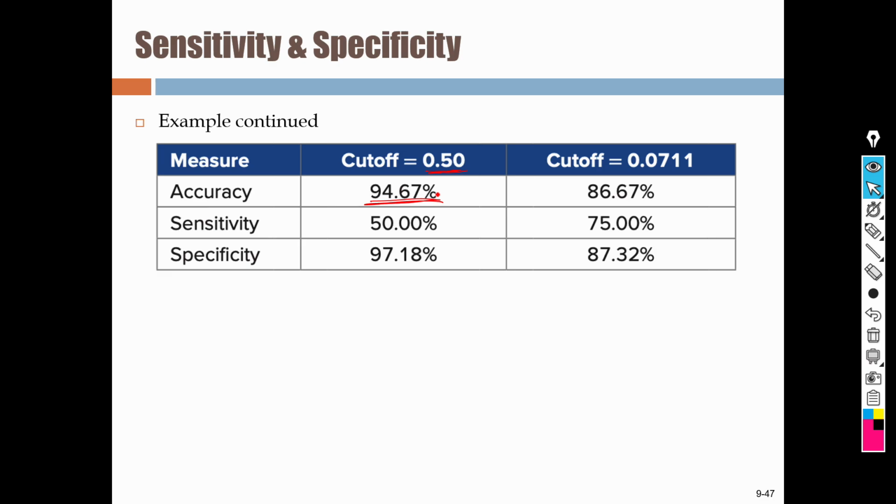That's why even though accuracy is pretty good, sensitivity is just 50%. What does it mean? The sensitivity of 50% is actually for the yes. So among the real depression students, true positive is just 50%.